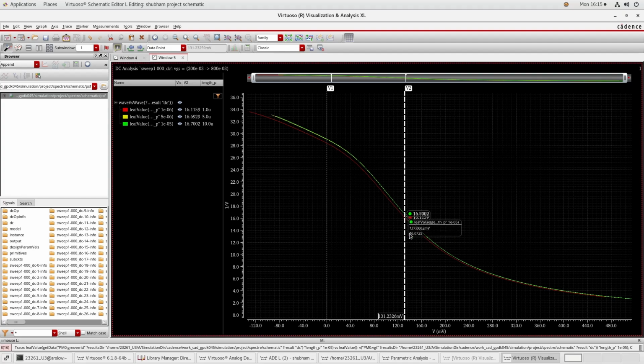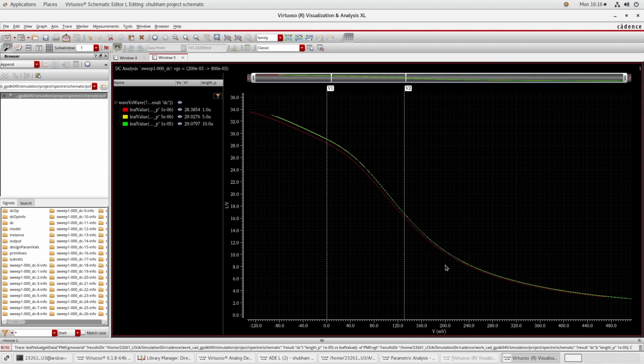So here I will say that if V overdrive is less than 0 millivolt, I will be in weak inversion region, and between 0 to 130 millivolt of overdrive, I am in moderate inversion. After 4 Vt, or for some safe margin 130 millivolt, this region is the strong inversion region.